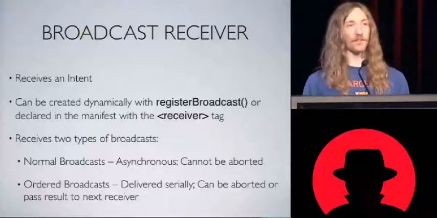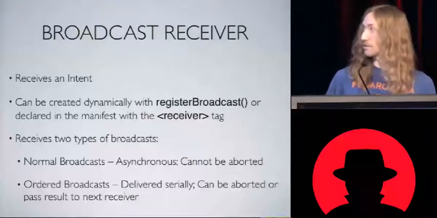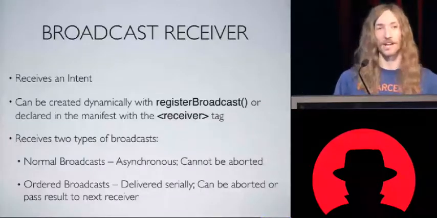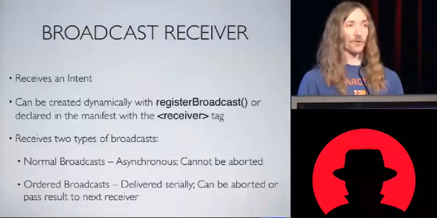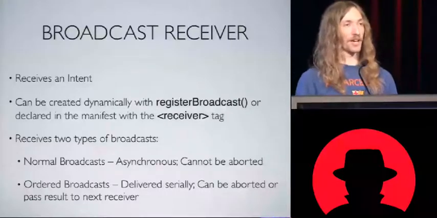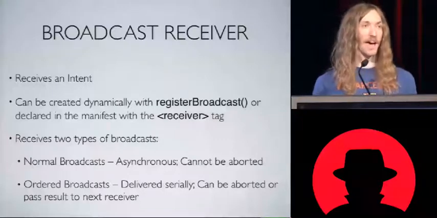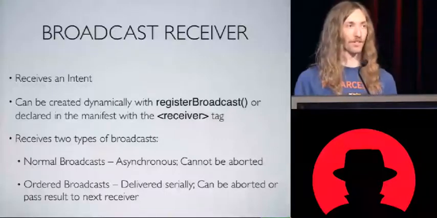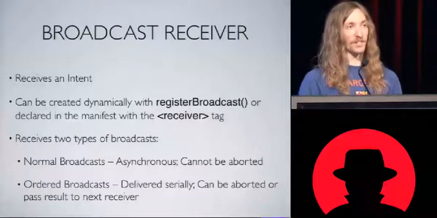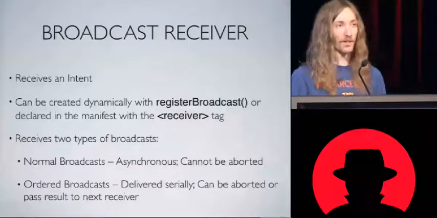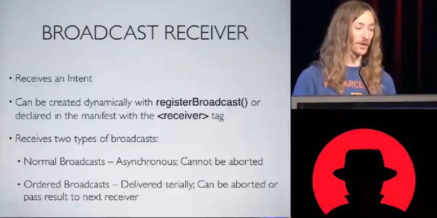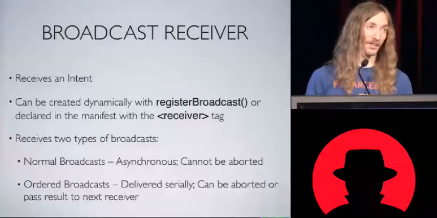And we can receive two types of broadcasts with our receiver. So we have a regular broadcast, which is just sent out asynchronously en masse to every receiver on the system. These types of broadcasts cannot be aborted, and you can't do anything with the result. We also have an ordered broadcast.